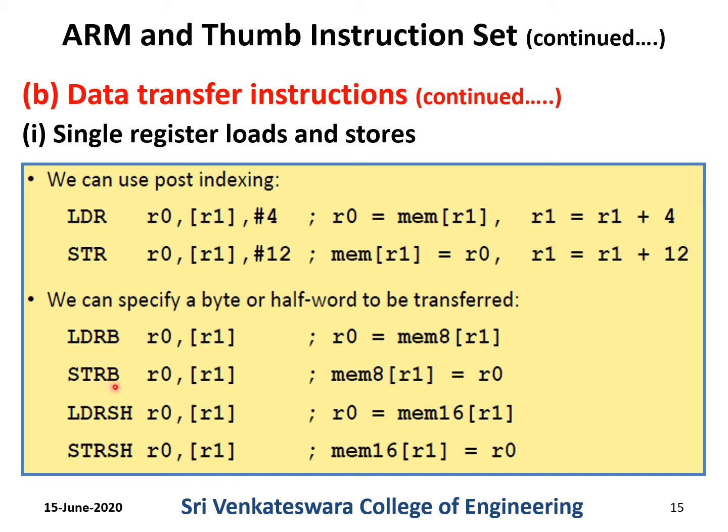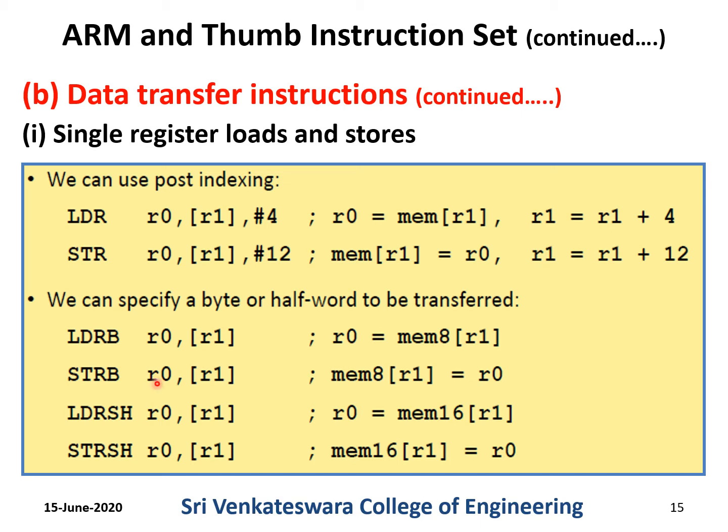Similarly, the store instruction STRB will store the least significant 8 bits from the register R0 into the memory location pointed by R1. R1 is the register which has the memory address.